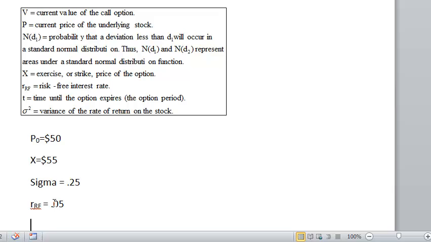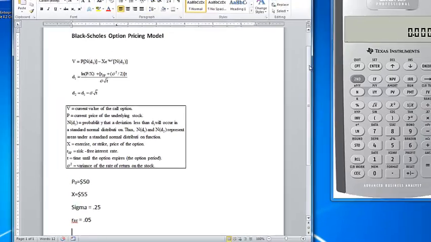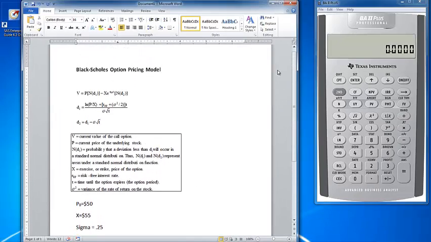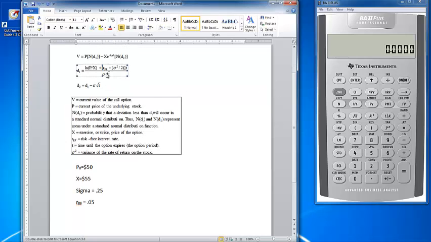So if we're looking at 1 year to the option maturity, we'd want to find the risk-free rate on a 1 year T-bill, or the rate of return on a 1 year T-bill. So putting these into our D1 calculation, because that's what we have to start with.